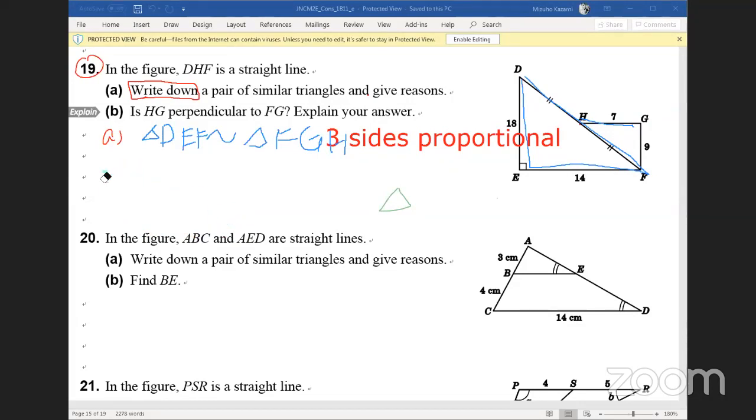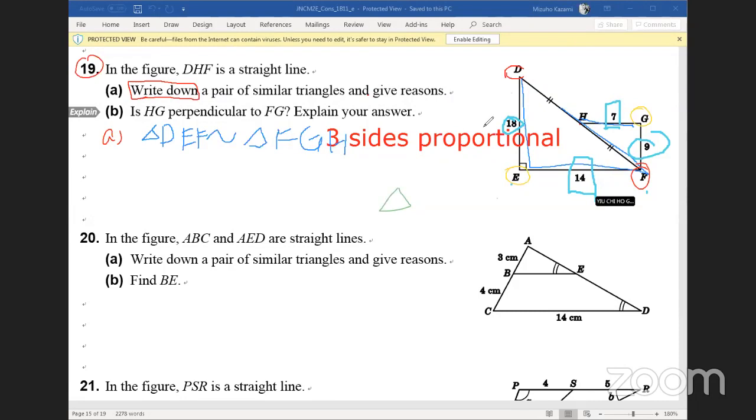Let's check whether you have paired up the angles correctly. DEF, DE, and then F, E, F, G, should be correct, right?